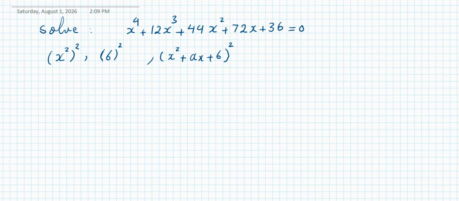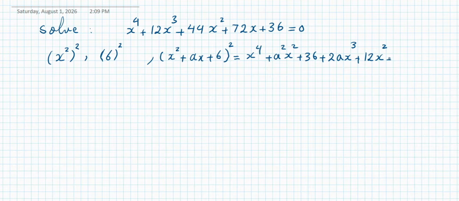Now if we expand this, we get x to the 4 plus a squared x squared plus 36 plus 2a x cubed plus 12 x squared plus 12ax.